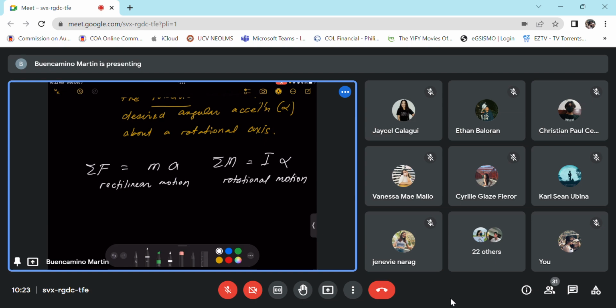Kung titingnan natin yung mass natin dito, this is called mass, at ito yung kanyang rectilinear acceleration, at ito yung unbalanced force or accelerating force.